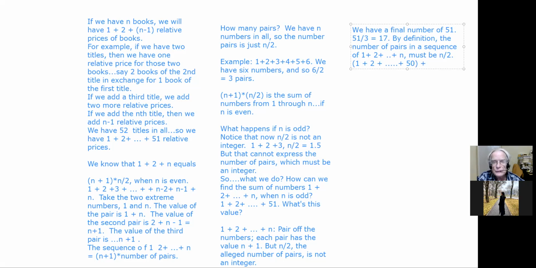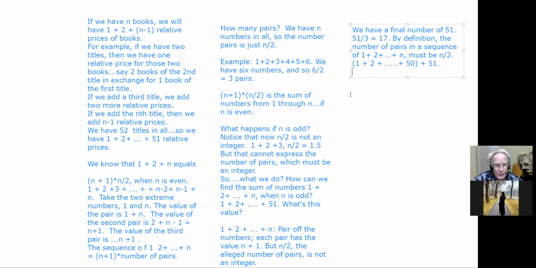Maybe the formula is n plus 1 multiplied by n divided by 2 and then plus n. Yes, good, that's exactly correct. So all that we need to do is to ensure that in the sequence, the last number is even. And then we can add the succeeding number, which is odd. Very good.